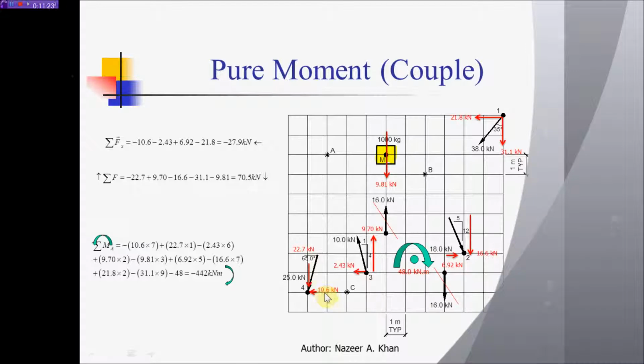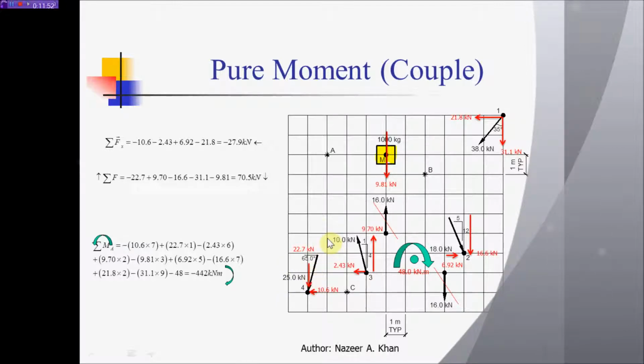I'm going to start with 10.6, and the distance from point A, if you check the grid, is going to be 7. 10.6 multiplied by 7 will give you the moment for that particular force, and it will be taking you counterclockwise. So it's going to be a minus direction. 10.6 times 7, minus. The vertical one now, 22.7.